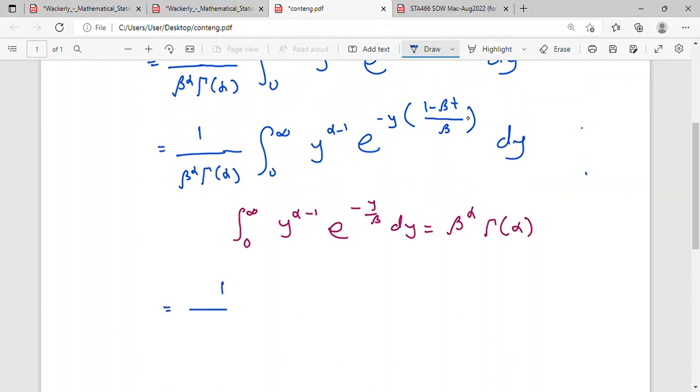So, kita boleh buat dia jadi beta yang bertukar kat sini kan. We can replace beta with beta over 1 minus beta t. Right? Power of alpha, still alpha. Okay, gamma alpha.